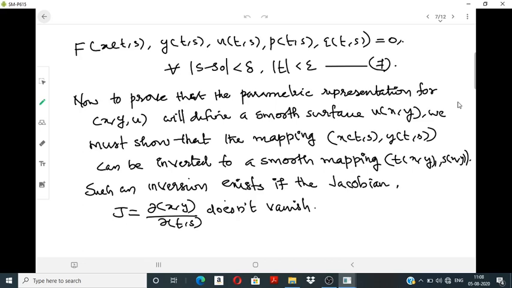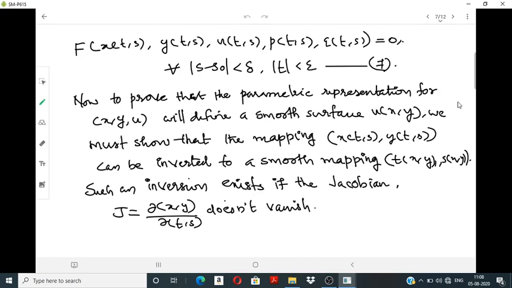Such an inversion is possible if the Jacobian does not vanish, from the theory of functions of several variables. We can change from one parameterization to another if and only if the Jacobian is not equal to 0.